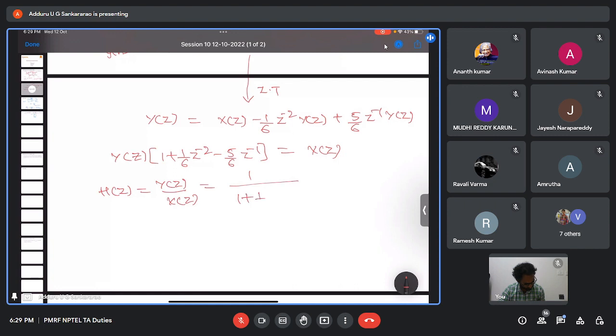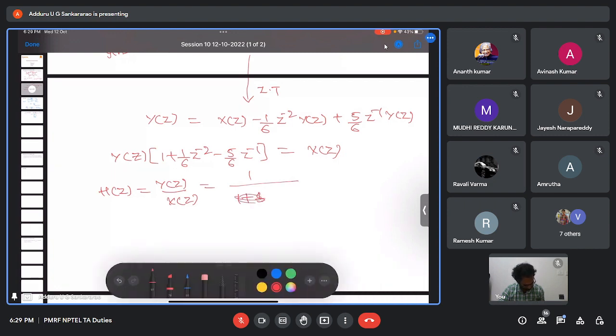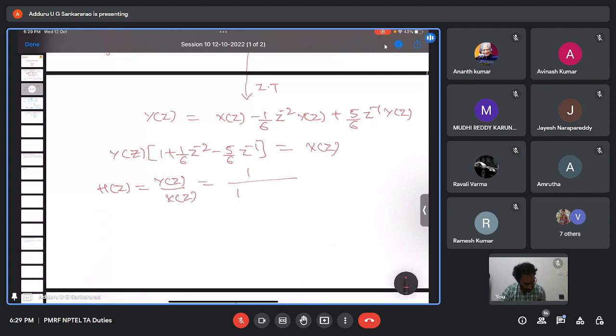1 by 1 minus 5 by 6 z inverse plus 1 by 6 z power minus 2. So this is nothing but our transfer function. If you see here, what are the poles? So this is the denominator.